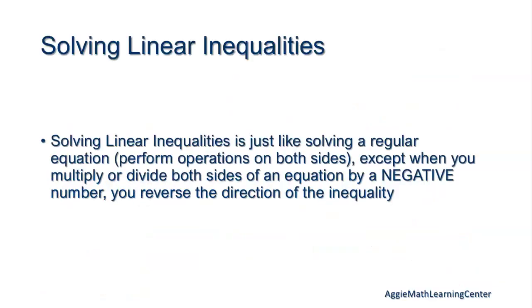All right. Solving linear inequalities is just like solving a regular equation, performing operations on both sides, except when you multiply or divide both sides by a negative, you switch the direction of your sign. Does that make sense? Wonderful. Why? Because it changes the meaning. If we're looking for a number that is greater than 5, -5 is not greater than -1.